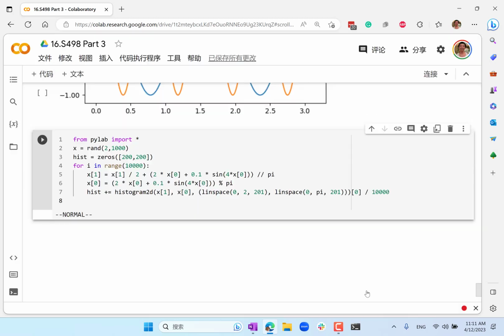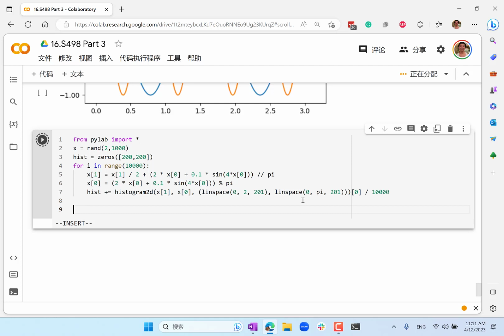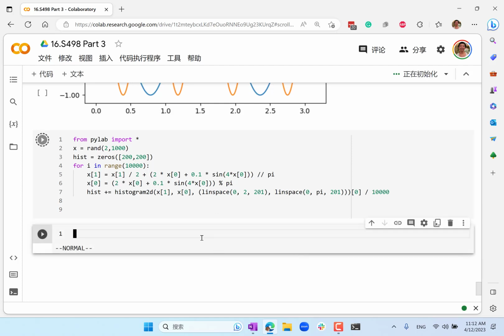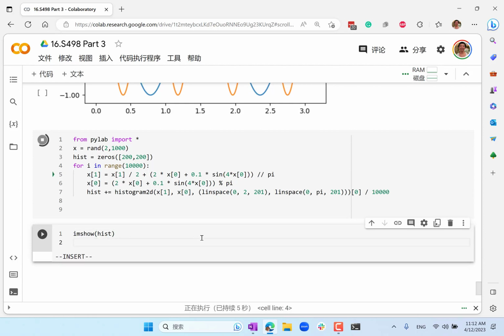All right, so let's run this, and afterwards we are going to visualize the histogram to see what it looks like. Color bar.